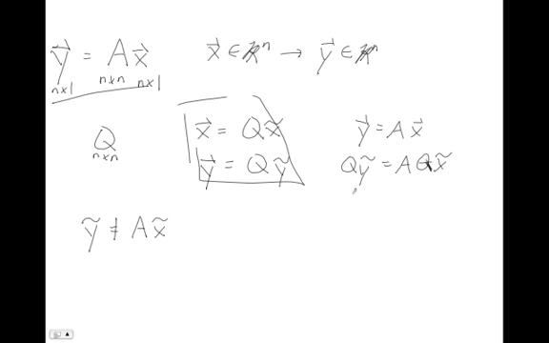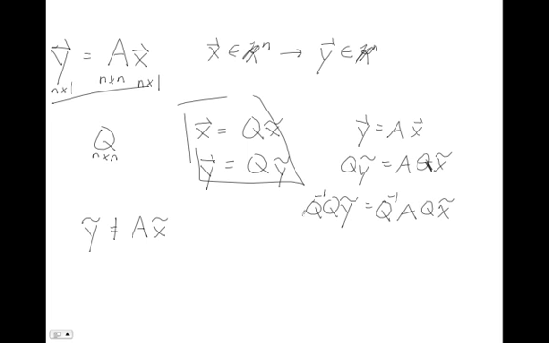Then, assuming that Q is invertible, we can multiply the left side and the right side by Q inverse. I'm going to do that explicitly so you can see exactly what I'm doing. If I'm multiplying the left side of this by Q inverse, I must multiply the right side by Q inverse as well.